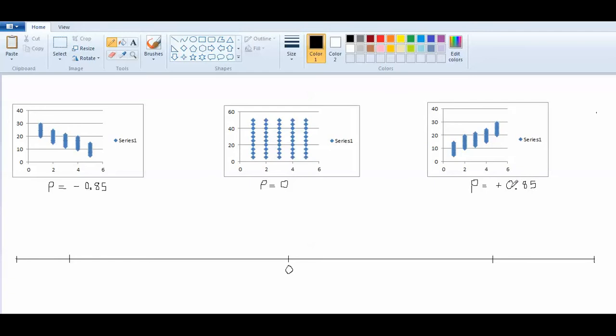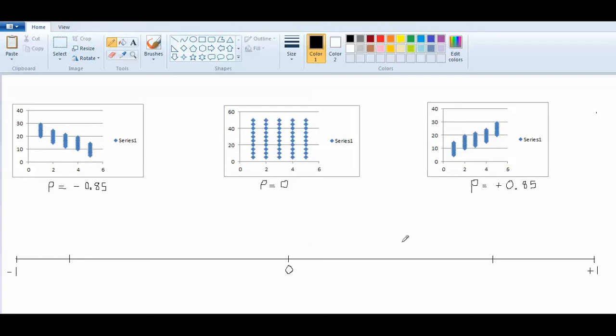And here's an analogy that we can use to help us understand this. We can imagine this number line right here as being the correlation coefficient number line that goes from negative 1 to plus 1, because we know that the correlation coefficient has to be somewhere between negative 1 and plus 1.